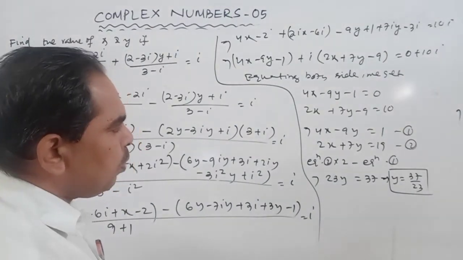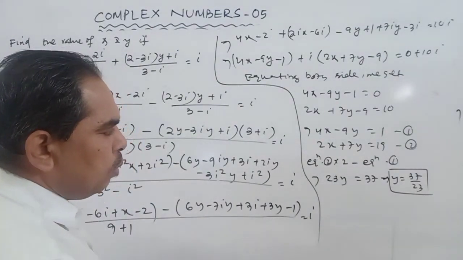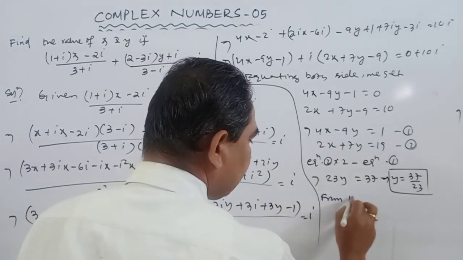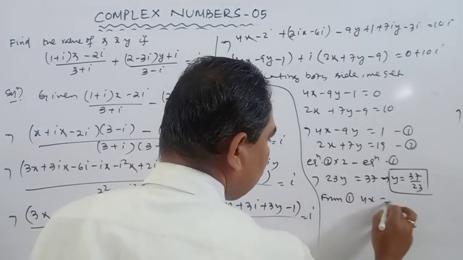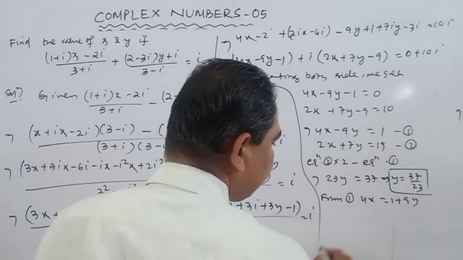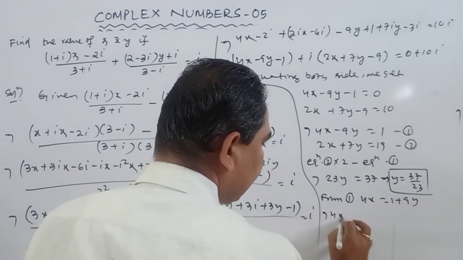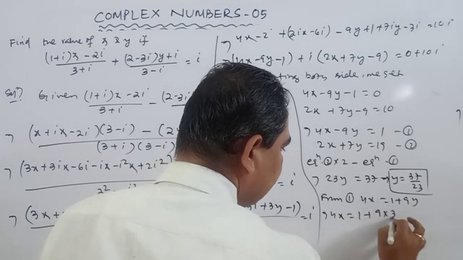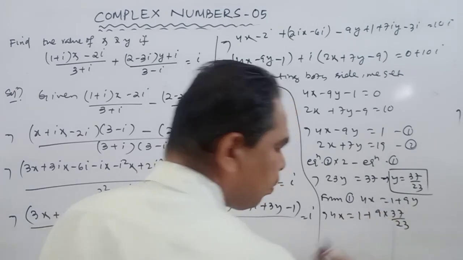Okay. Next x. From equation 1, 4x is equal to 1 plus 9y. So this implies 4x is equal to 1 plus 9 into 37 by 23.